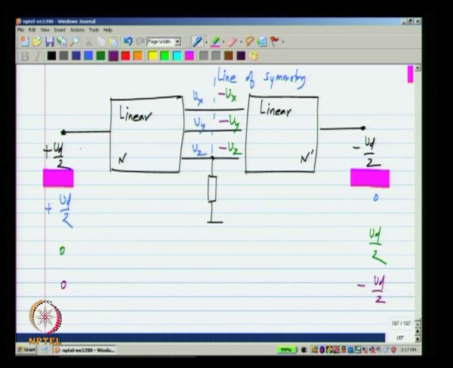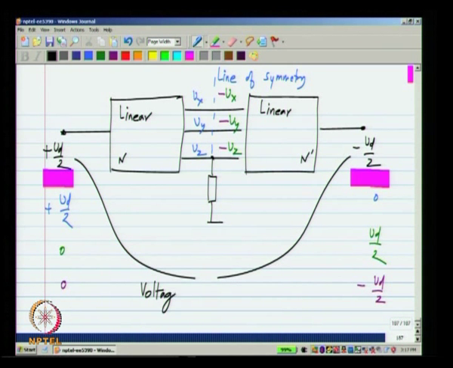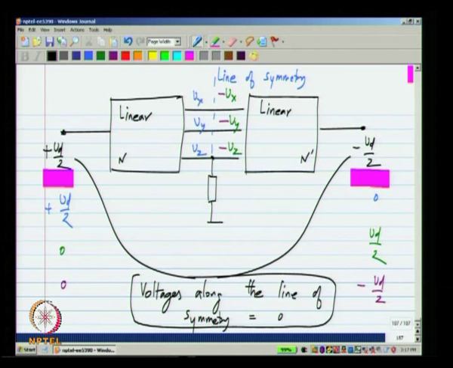So, that means that in this case, in case of antisymmetric excitation, the voltages along the line of symmetry equal 0. Okay. So, this comes from a combination of linearity and symmetry.